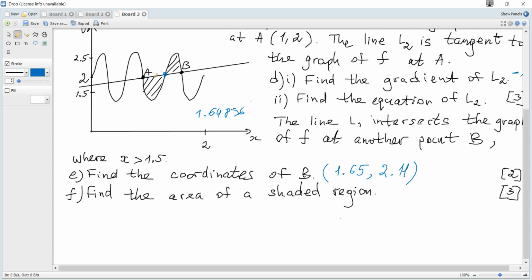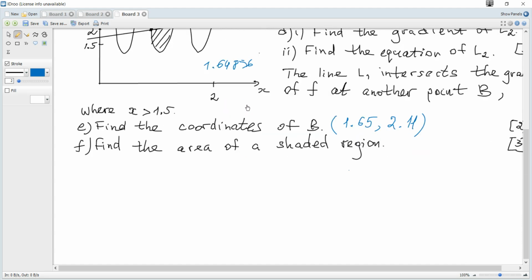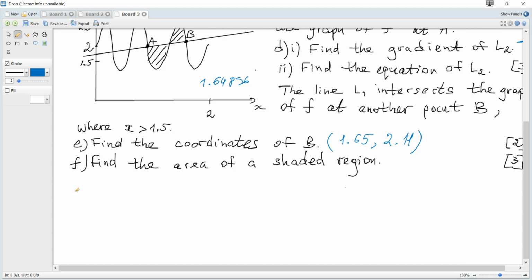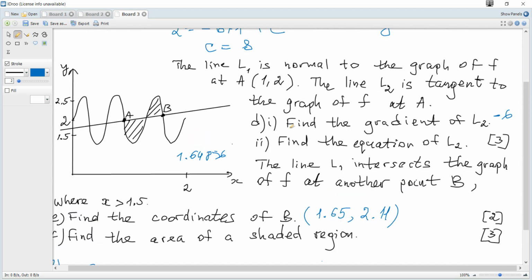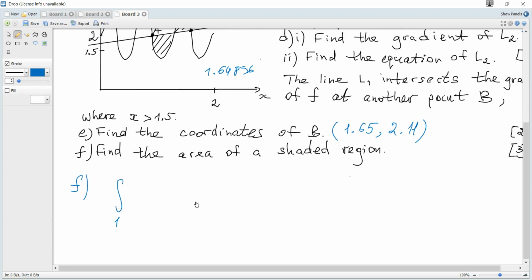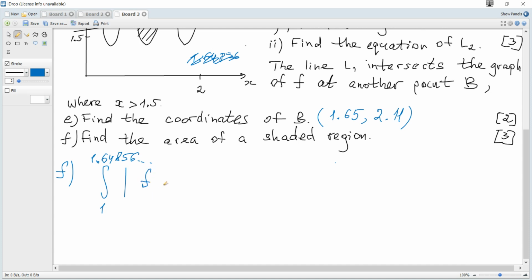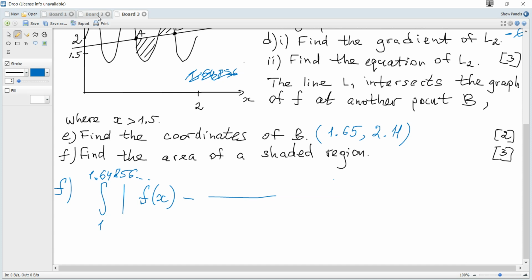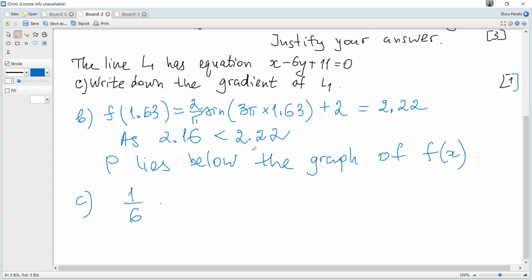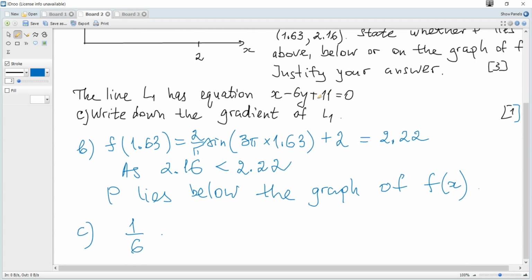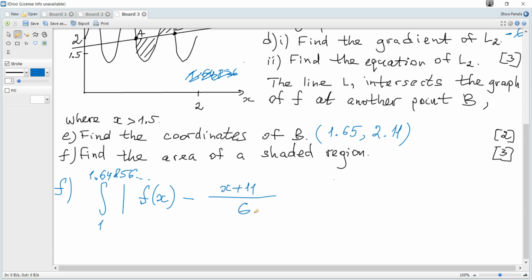To integrate from a to b we need the absolute value, so it becomes the definite integral from 1, because it's the x coordinate of A, to the x coordinate of B, which is exactly 1.64856 and so on, of the absolute value of f of x, our sine, minus the equation of the line, or it may be the absolute value of the line minus f of x, it doesn't matter. So minus x plus 11 over 6.